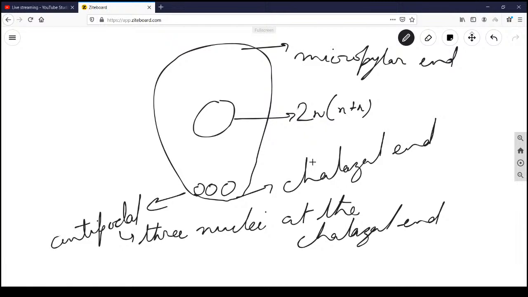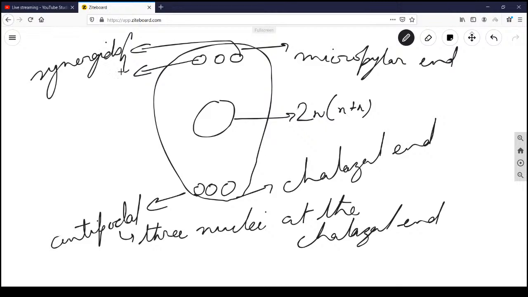Then at the micropylar end, you have the 3 nuclei which get surrounded by cytoplasm to form the pyriform cells, which constitute the egg apparatus. Out of these, these 2 cells are known as synergids, or help cells. And the middle one, which hangs in between these 2, is known as the egg or oosphere.